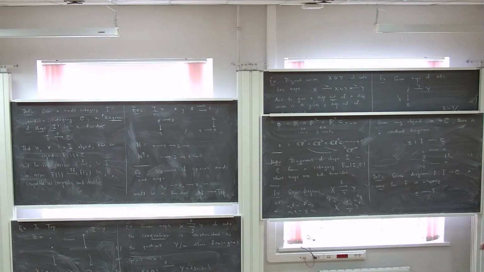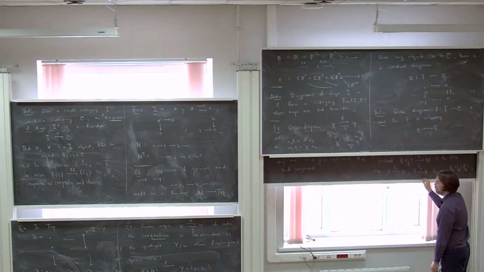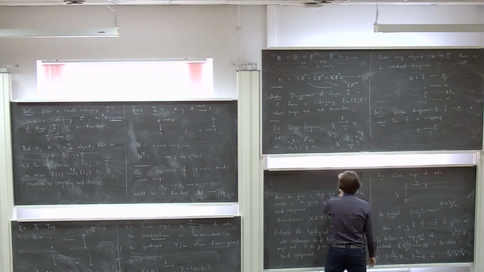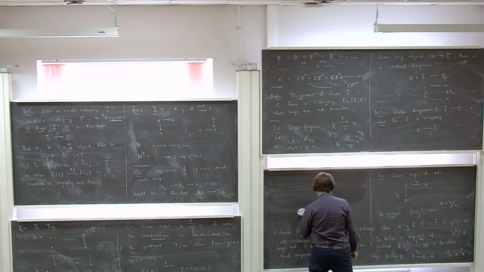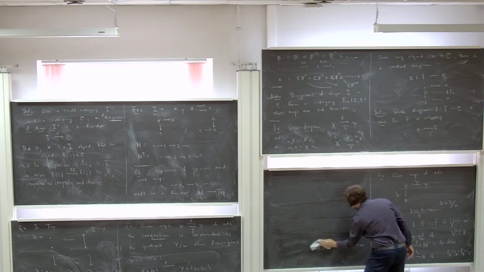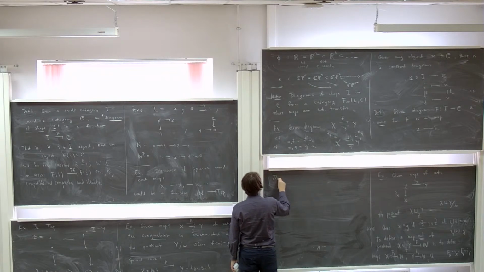So let me draw what this looks like, so you can see why it's called a cone. So that is, how do I give this map?